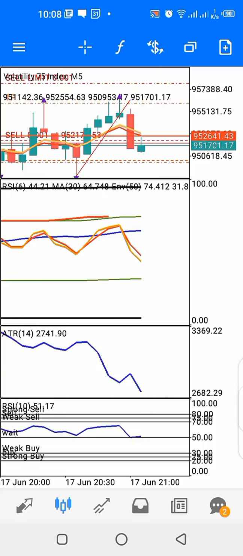But the sellers are still trying to push price down. Let's see if it's going to trigger my take profit, and I'm going to bank 2,000 points from this trade. Don't forget, I still have my buy limit below, and I have my sell limit above. So if price gets to my buy limit below, I expect price to go up by 3,000 points.